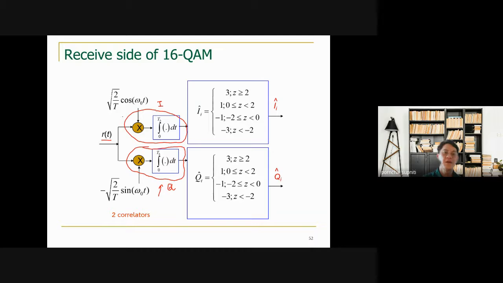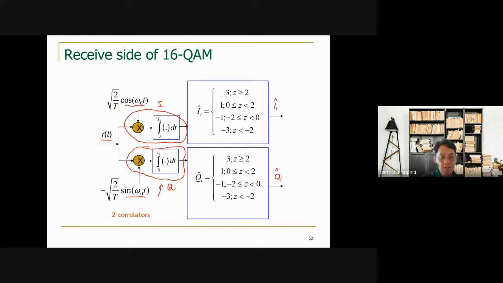As you saw before, the correlator structure consists of two blocks. One is a mixer, or multiplier. We multiply the top one with cosine, and the bottom one with sine. Then this is followed by the integration, or the sum.